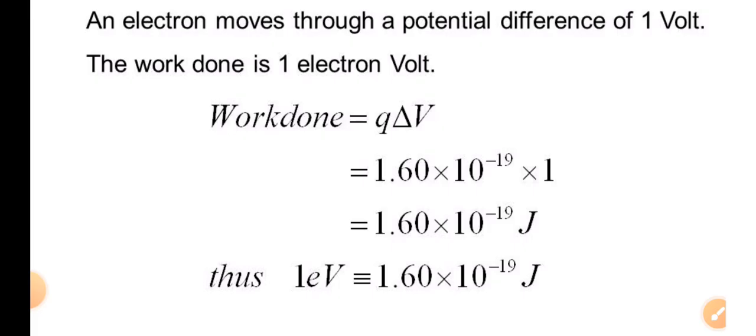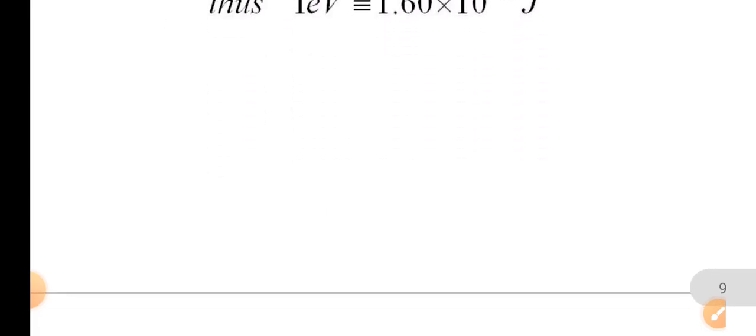Thus 1 electron volt is equal to 1.60 into 10 to the power minus 19 joule. Work done unit is joule, we all know. Understood.